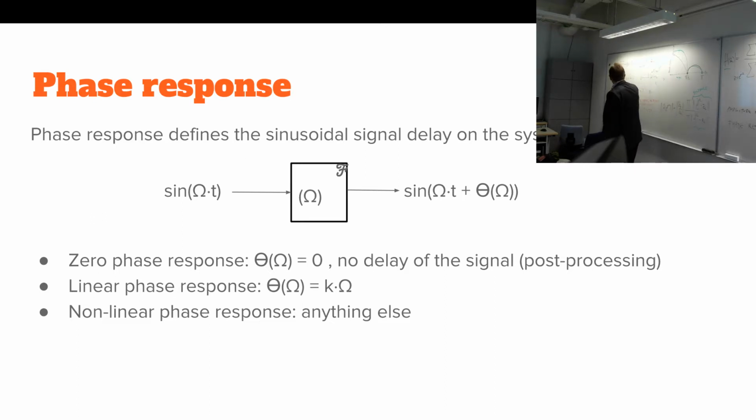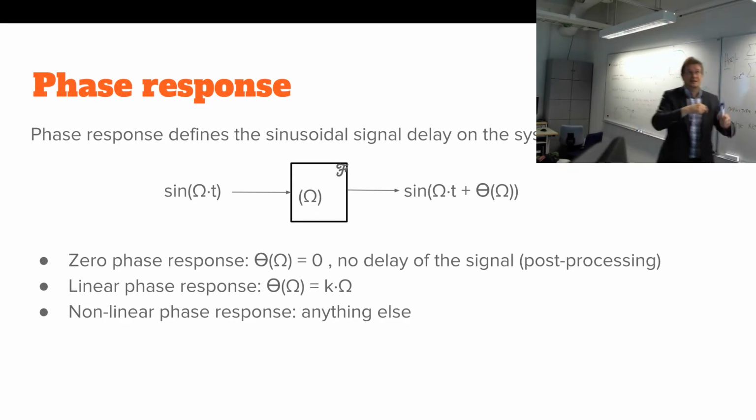Then you would have minus k and plus t, and everyone will be happy. So it's plus minus k, meaning zero, meaning post-processing. Linear phase response is very important for the pulse shape remaining the same, especially on real-time systems. And non-linear phase response, that's the rest of the filters.